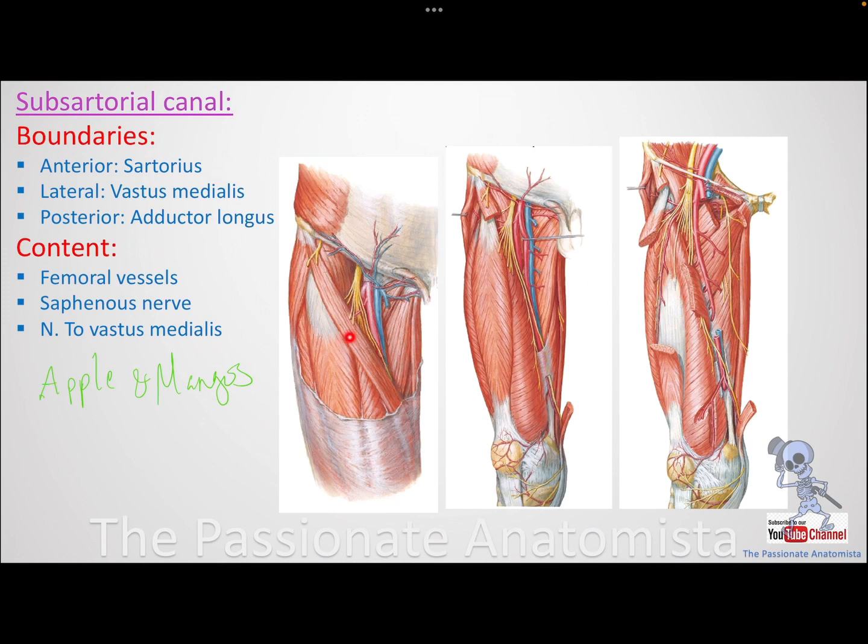Everyone knows that it supplies the muscles of the anterior thigh. I only care about two nerves. One of them is the nerve to vastus medialis, because basically this is making one of the boundaries of the canal. So definitely the nerve to vastus medialis is going to be one of the contents of the canal.